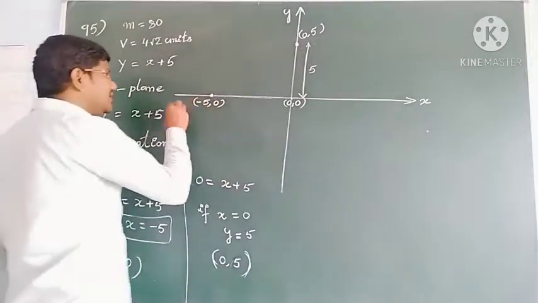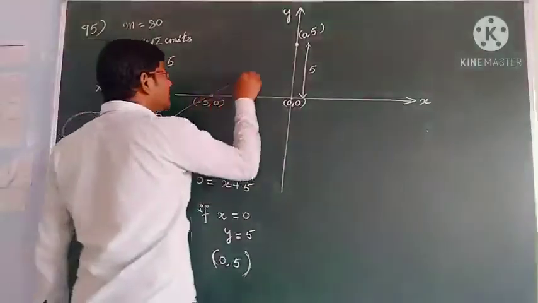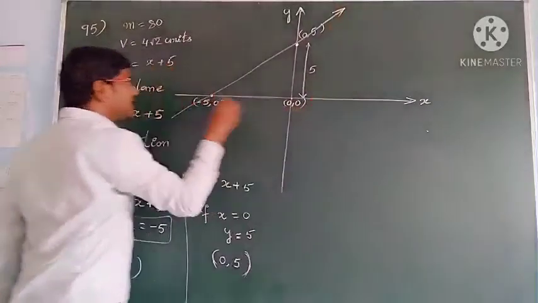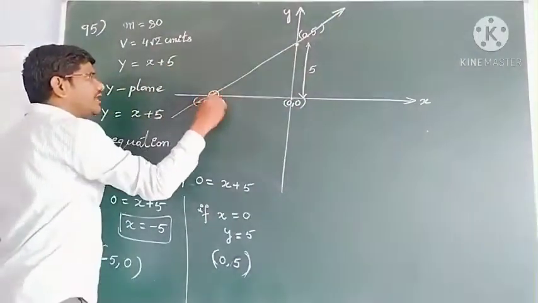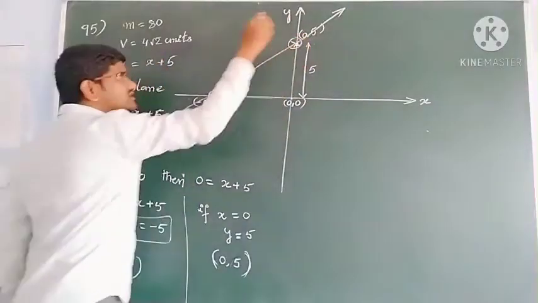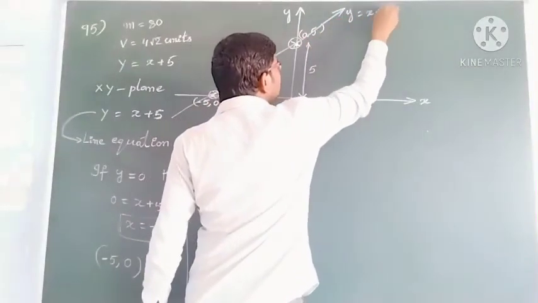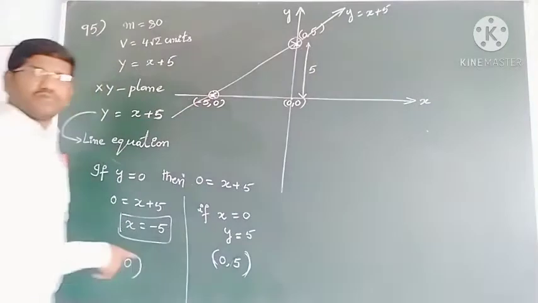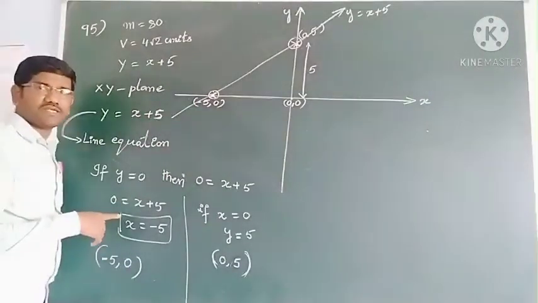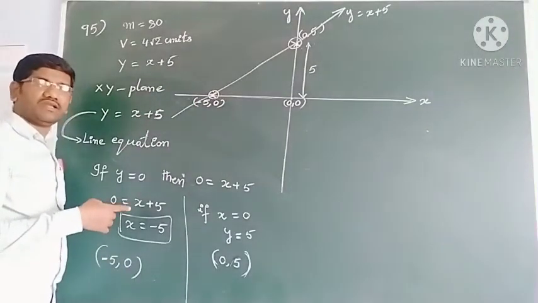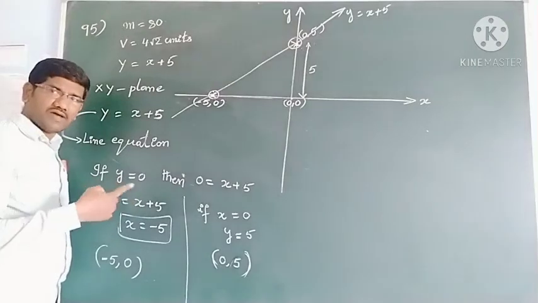Then the particle is moving along this line, so I am joining these two points. This is the line equation y is equal to x plus 5. Give different values for x and you will get different values of y. For every value of x you will get a value of y.